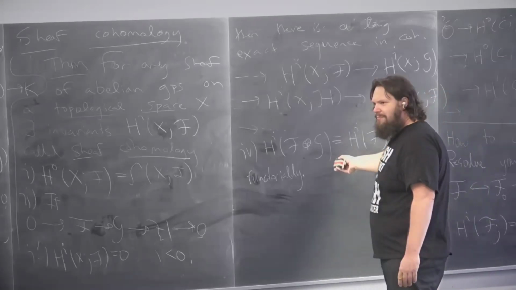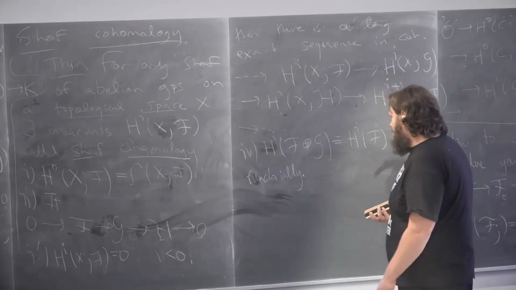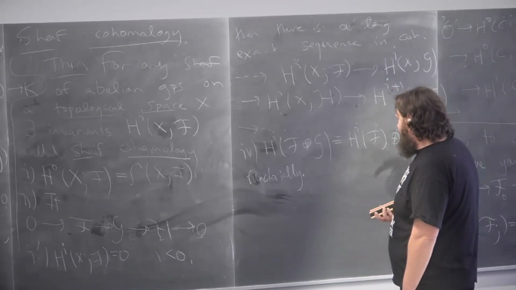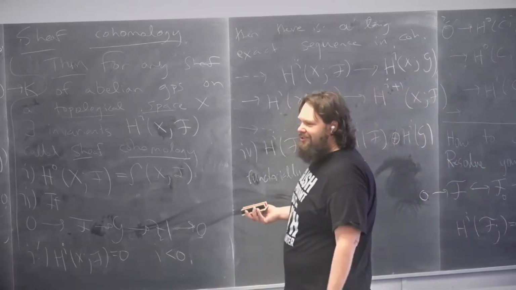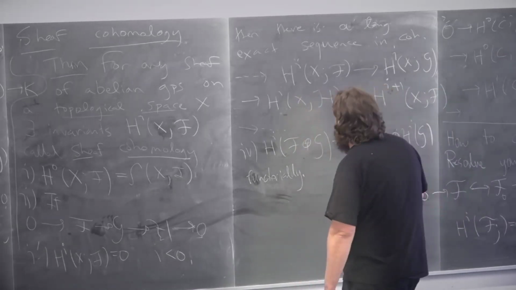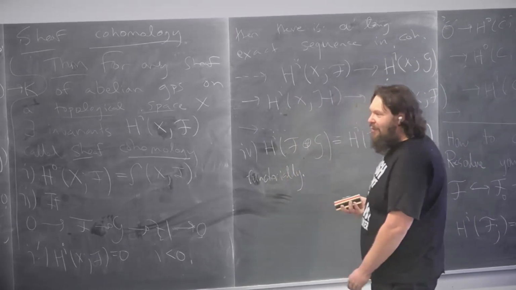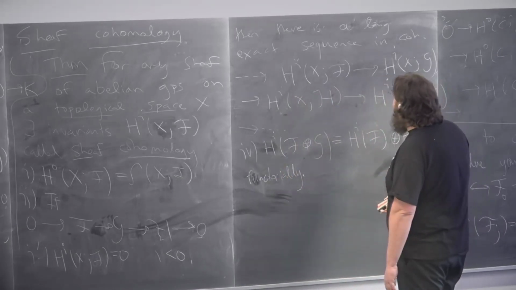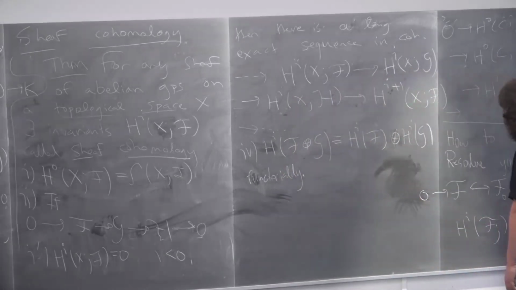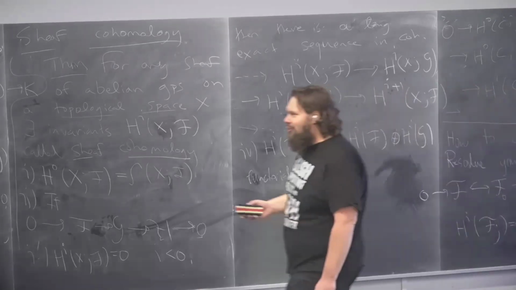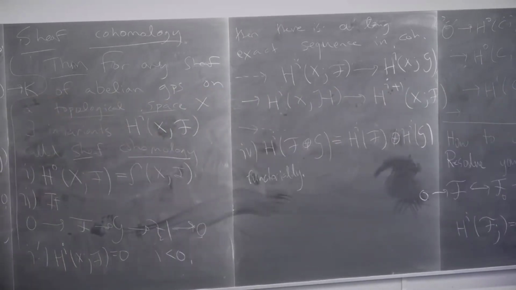I mean, that may be where this comes from, but I don't understand all this. I mean, this comes from the snake lemma. I think it's better to think that this is what you want to be true, and then the snake lemma tells you that this is the right thing to do. I'm not sure what you mean by all this.